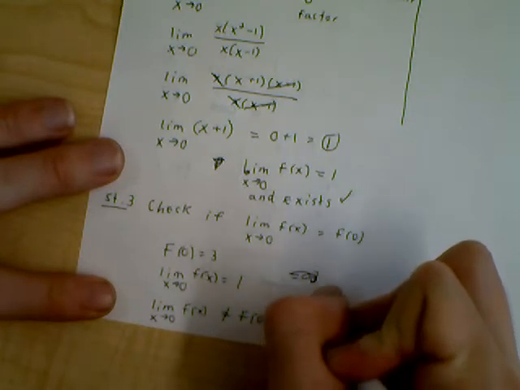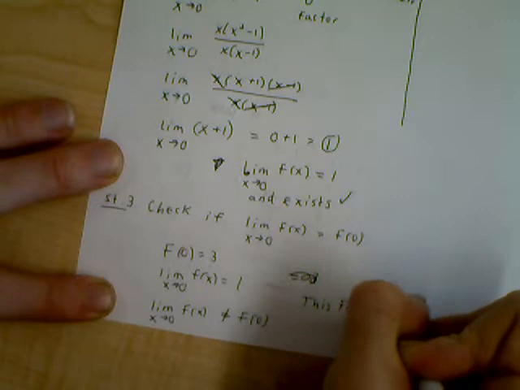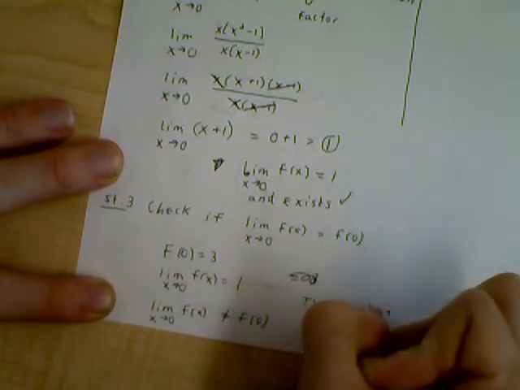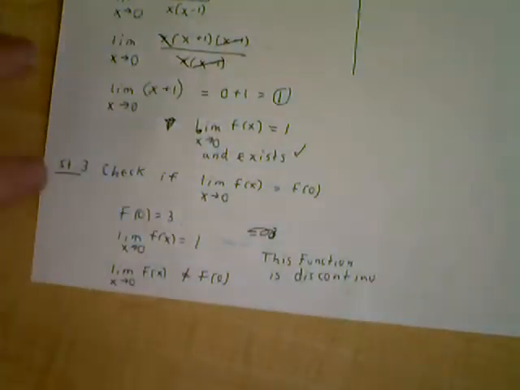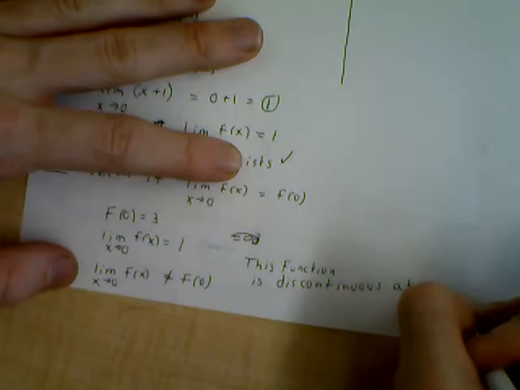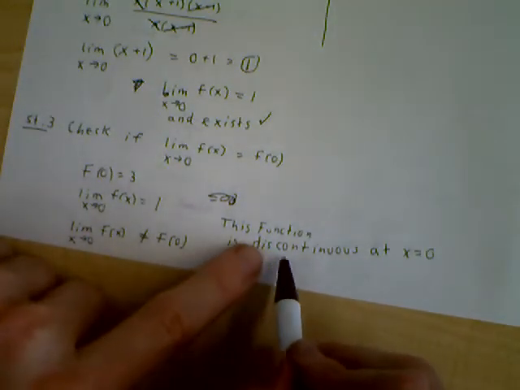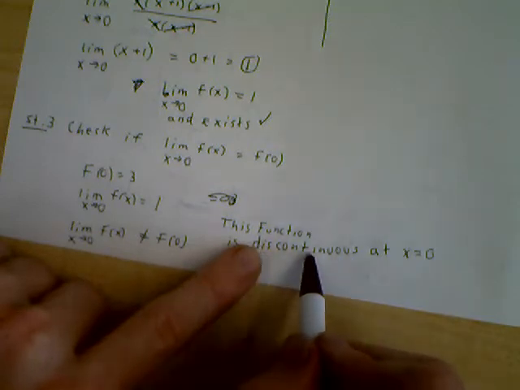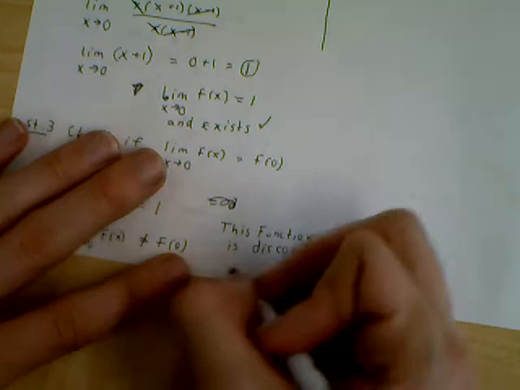So I have to say this function is discontinuous at x equals 0. All right, so I said what? I said whether or not it's continuous. I said where. And now I'm going to say why.